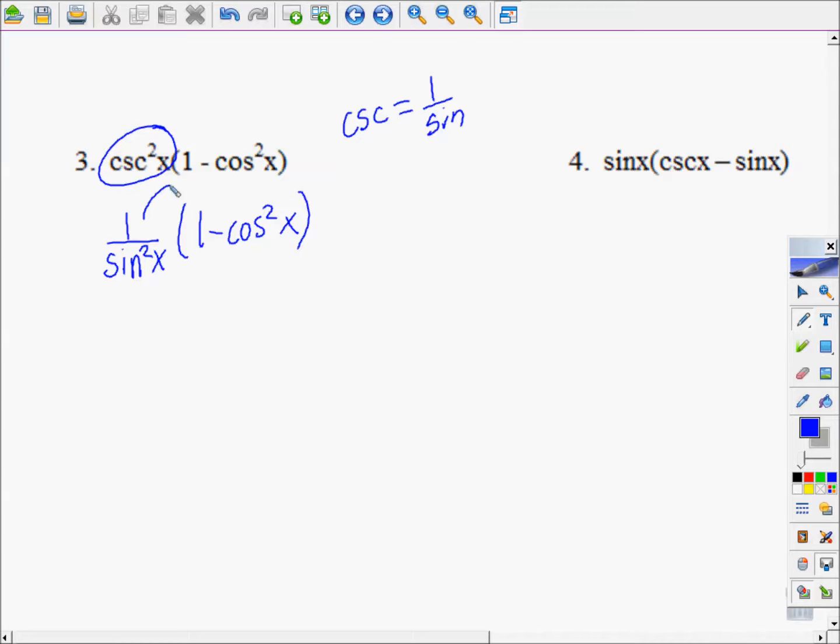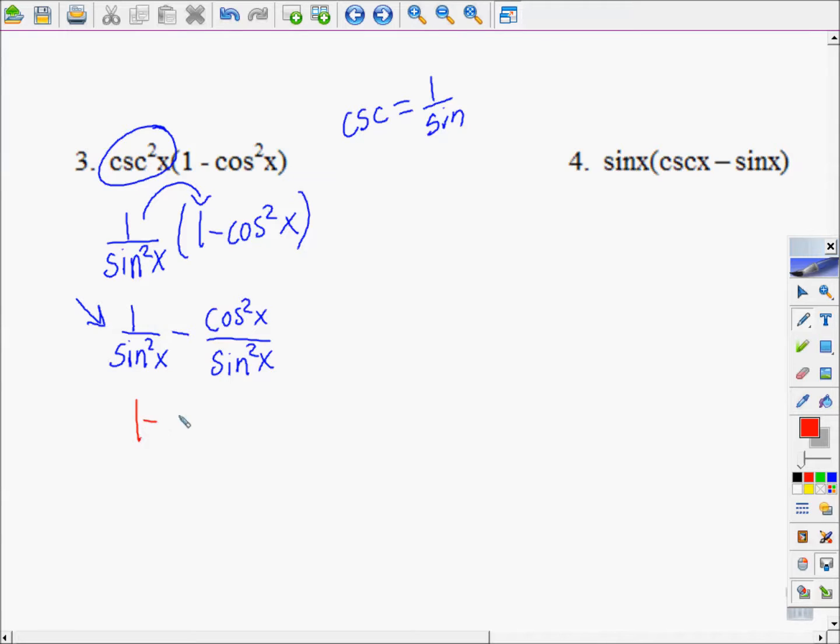Once I've done that, now I'm going to do what? Distribute. So when I distribute, I have 1 over sine squared x minus cosine squared x over sine squared x. Okay, this is an identity. What identity is that? So we can either go from there or we can combine them because they have what kind of denominators? Common denominator.